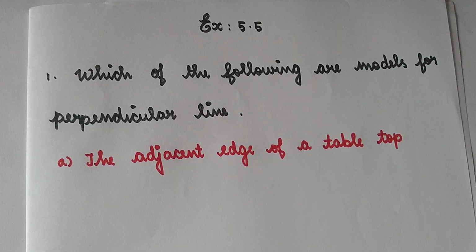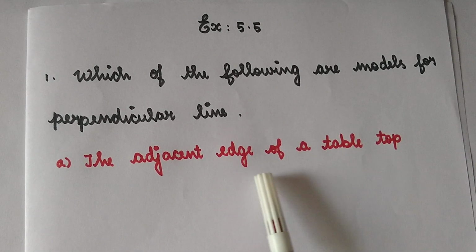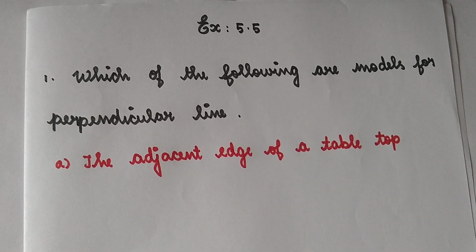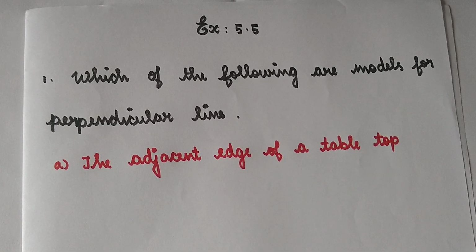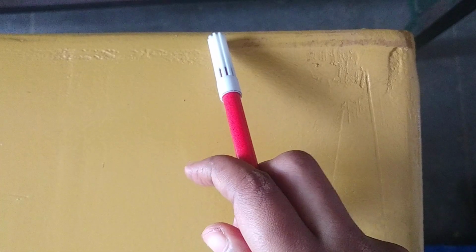So we have to check whether these statements are perpendicular or not. Let's see an example. Now look at this table. This is an adjacent edge. This is adjacent to this one. What is called a perpendicular line?